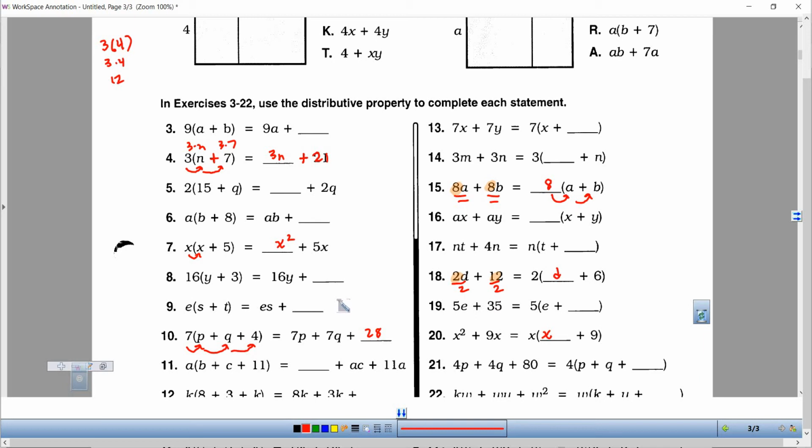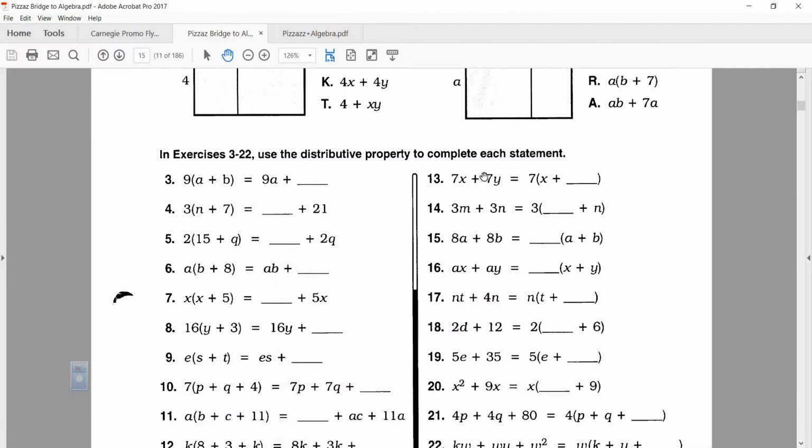Again, the distributive property is when we multiply by what's outside. We multiply outside by what's inside. 2 times 15, that's going to give me 30, plus 2 times q, that's going to give me 2q. And what do we want to do now?